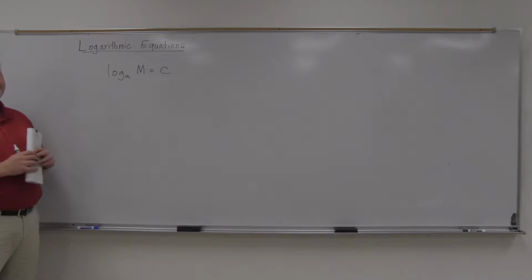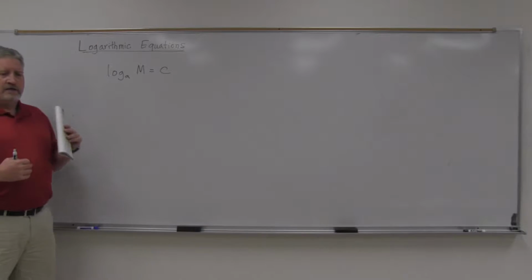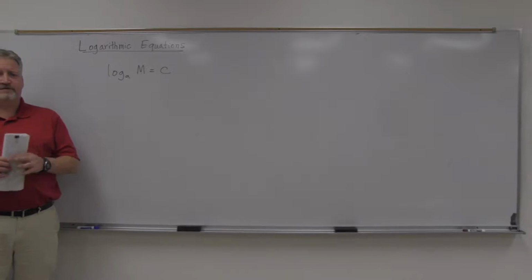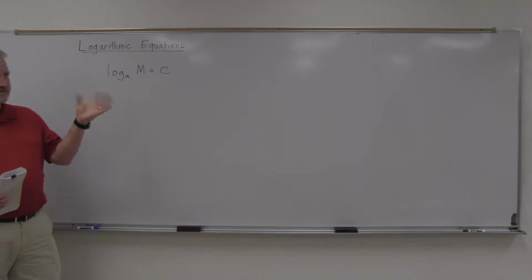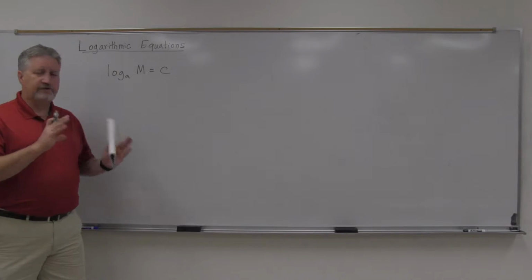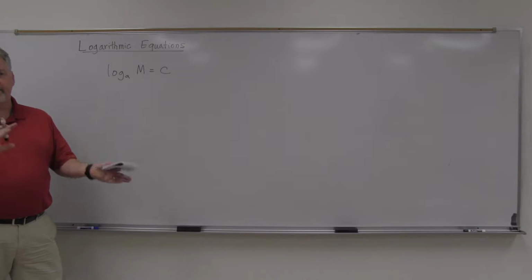What we're going to do here, in a sense, when we were solving the exponential equations, where we had different bases on both sides, in a sense what we did is we took the LN of both sides.